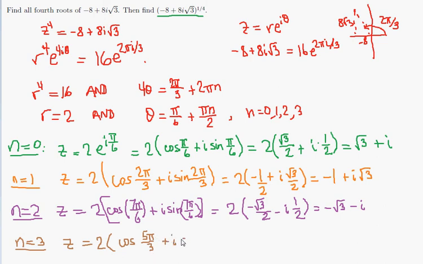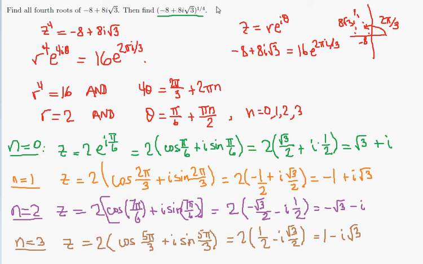Plus i sine 5 pi over 3. So that's equal to 2 times 1/2 minus i square root of 3 over 2, which is equal to 1 minus i square root of 3.